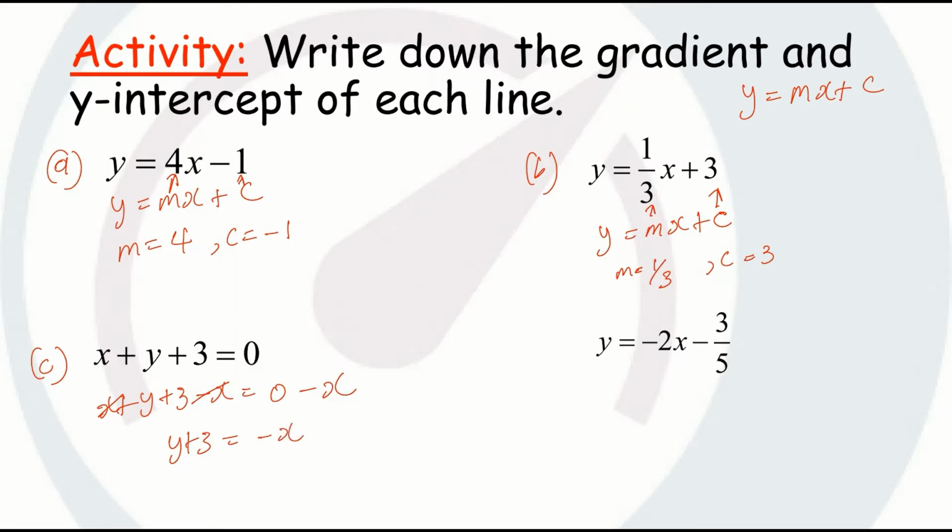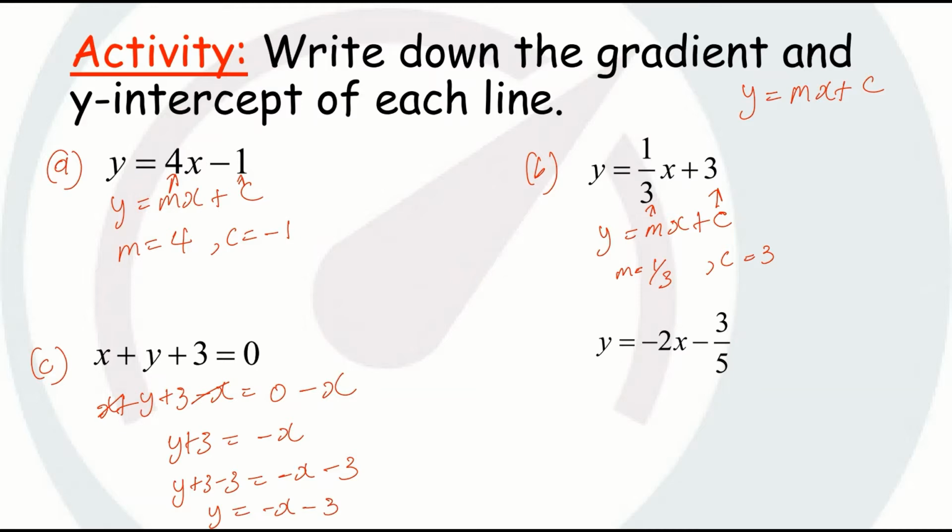Next, this is still not in the form y equal mx plus c, so I'm going to subtract 3 from both sides of the equation. So now I have y plus 3 minus 3 is equal to minus x minus 3. So hence, y plus 0, same thing as y, is equal to minus x minus 3.